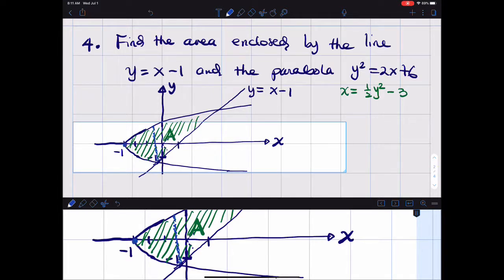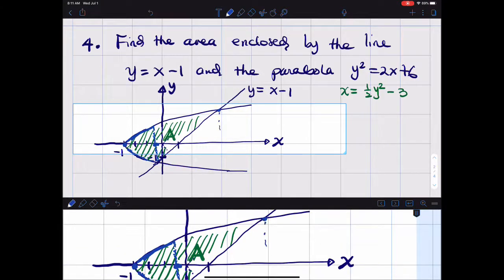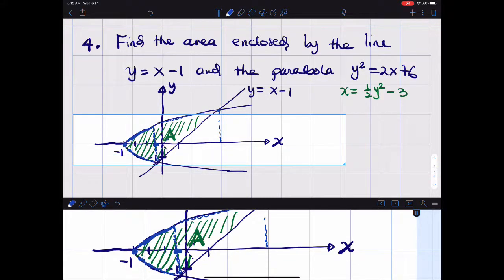From this point to this point, we have to look at this graph as a top function and that as the bottom function. And then from this point to that point, we look at this as the top function and that as the bottom function. But that's very complicated to do.